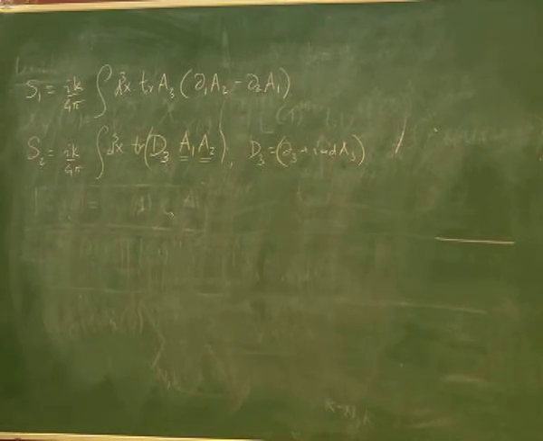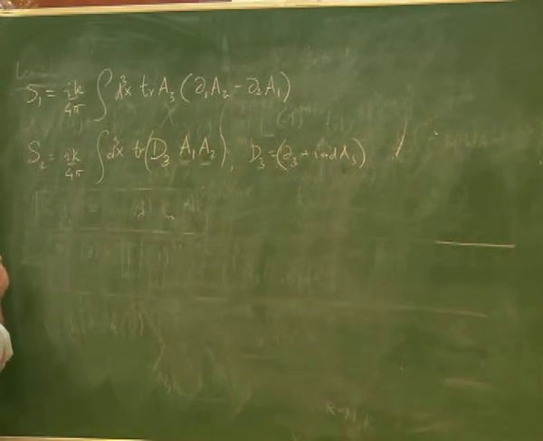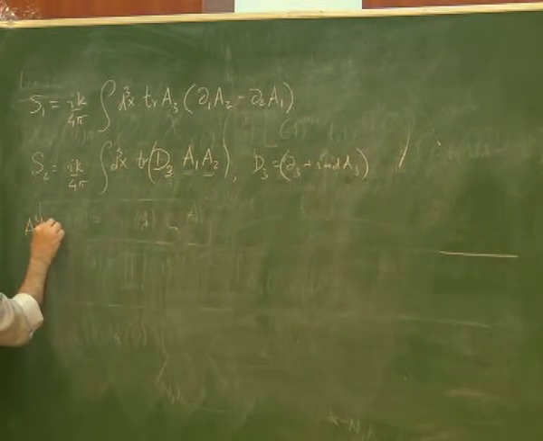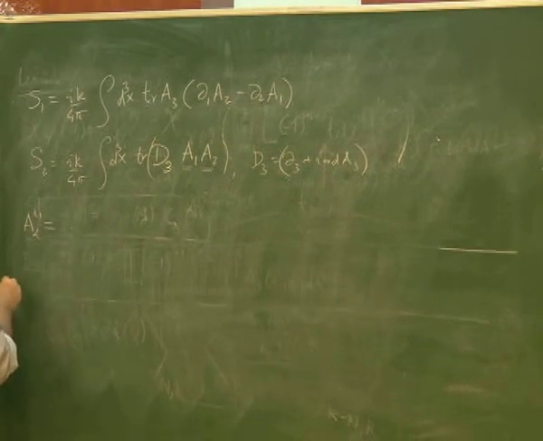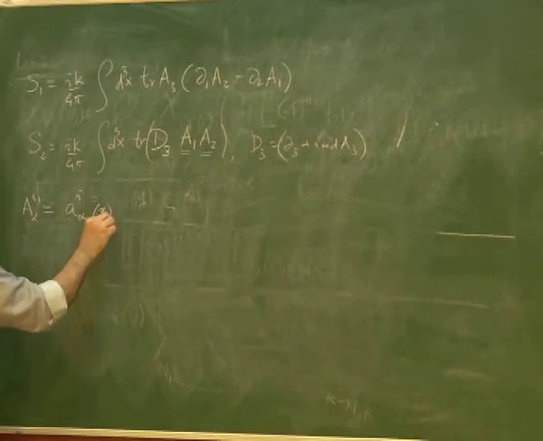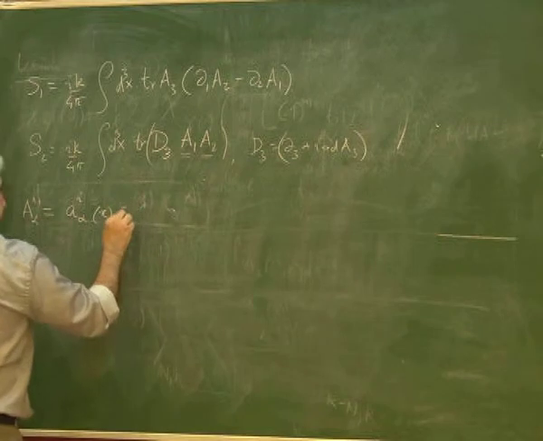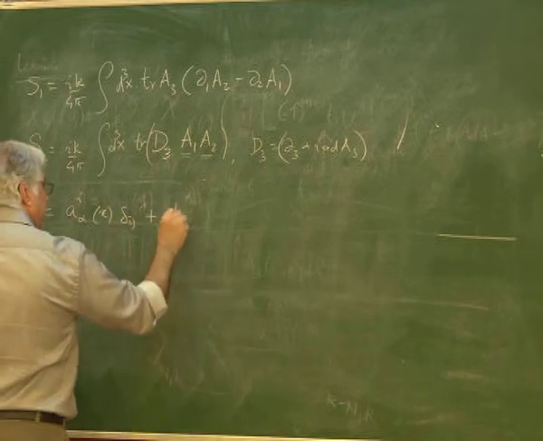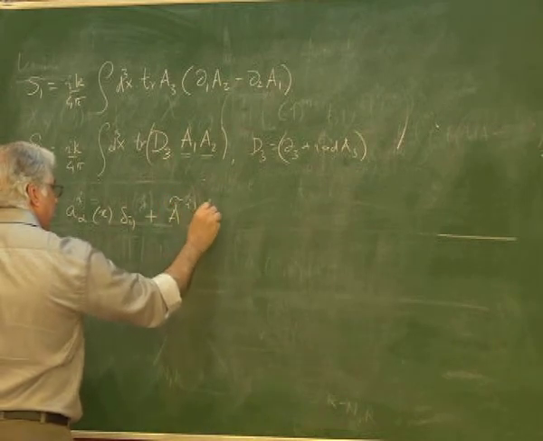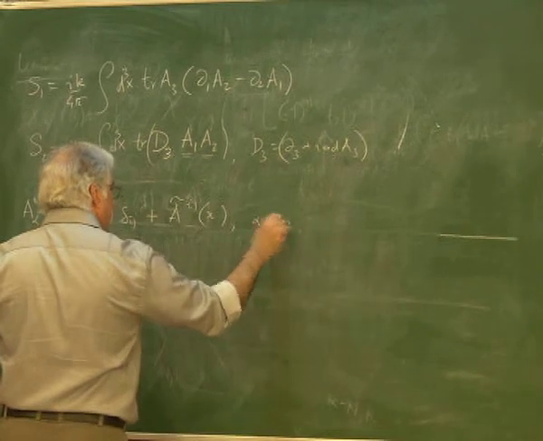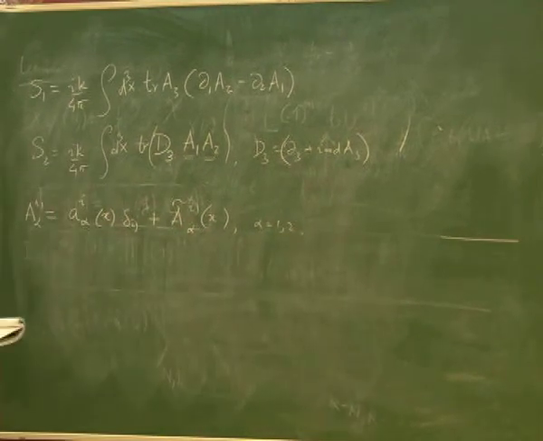So taking all these little things into account, I will write A alpha of ij essentially as equal to this zero mode plus a twiddle ij of x alpha equal to 1 and 2.